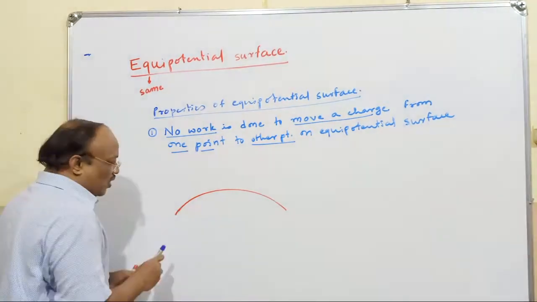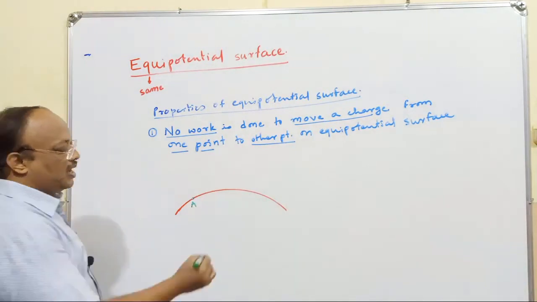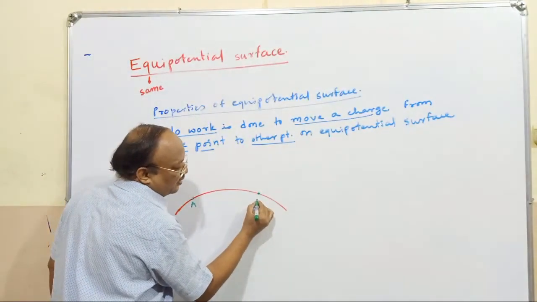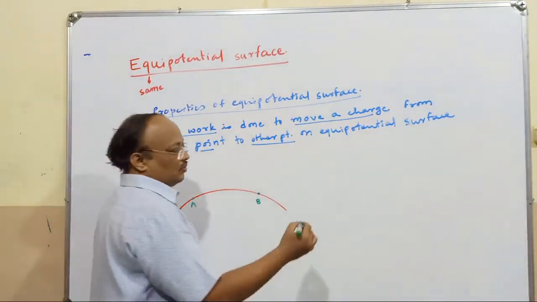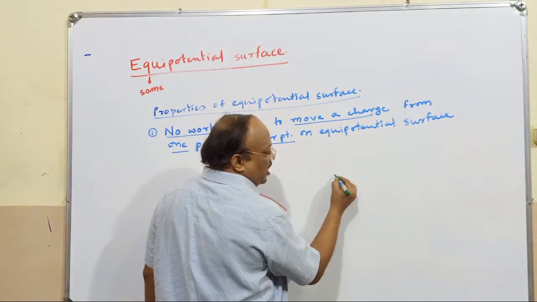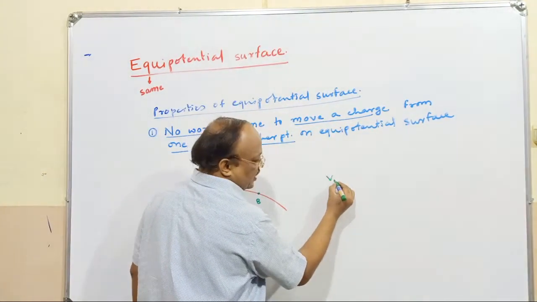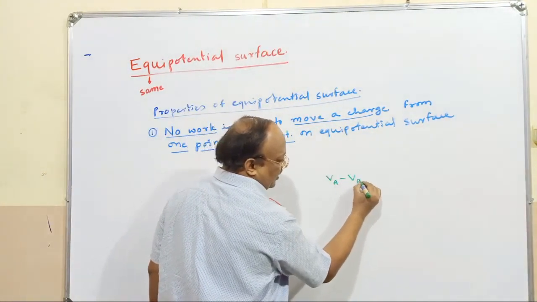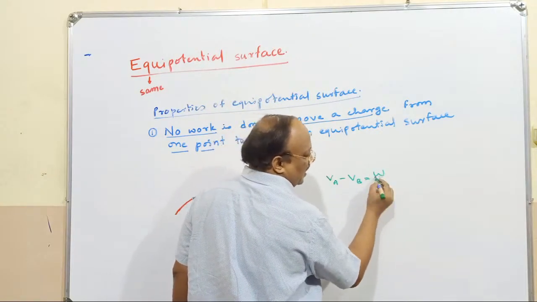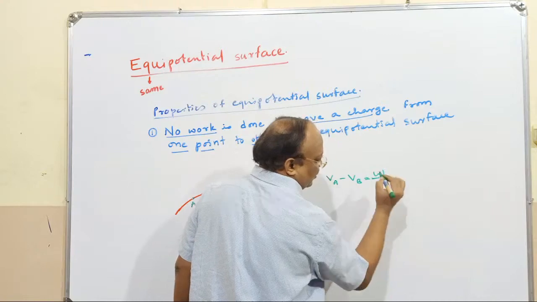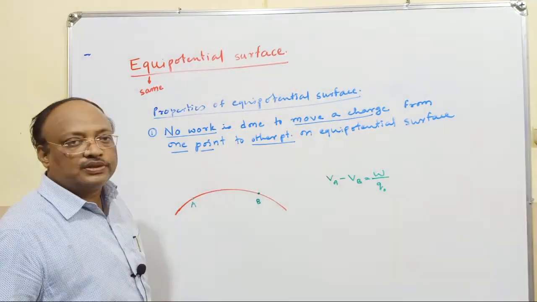This is one point, point A, and this is the other point B. So we know the potential difference VA minus VB is equal to the amount of work done if our test charge is Q0 moving from this point to this point.